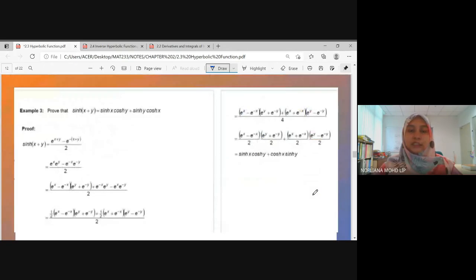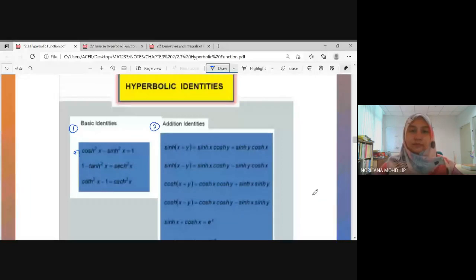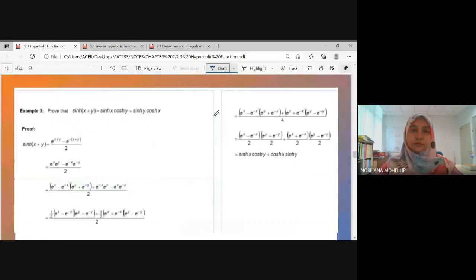Proving the addition identities ni. Number 2. Okay, ni pun sama lah you all.